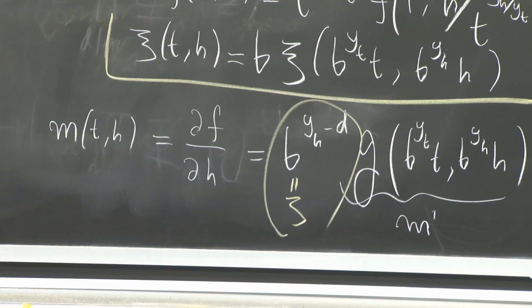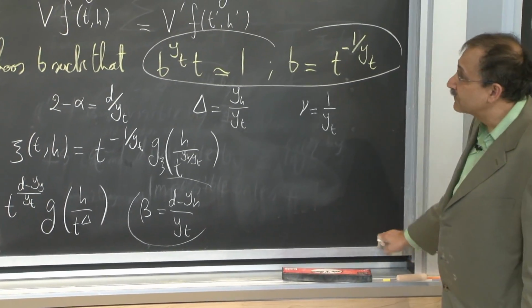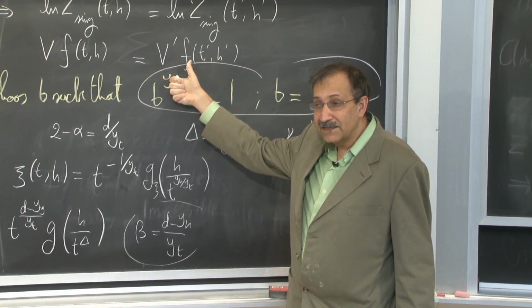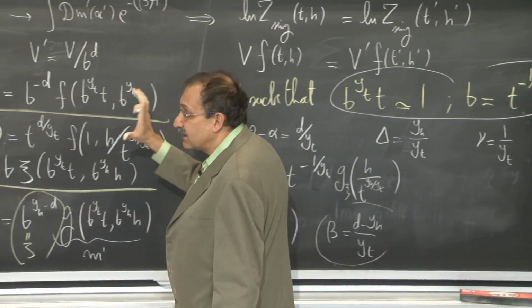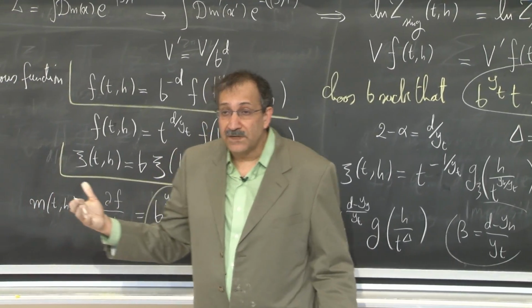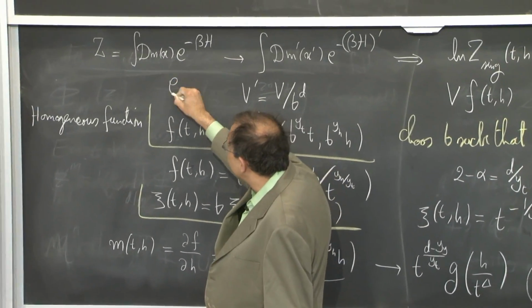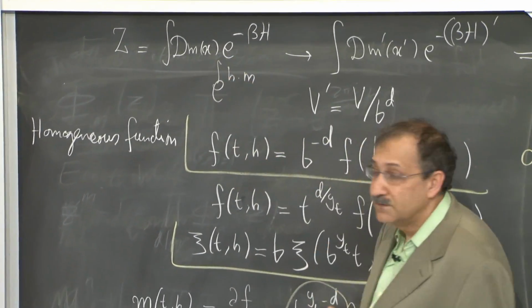So the zeta is not independent of the relevance of the magnetic field. And if you think about it, the field and the magnetization are conjugate variables, in the sense that in the weight here, I will have a term like hm, integrated, of course.